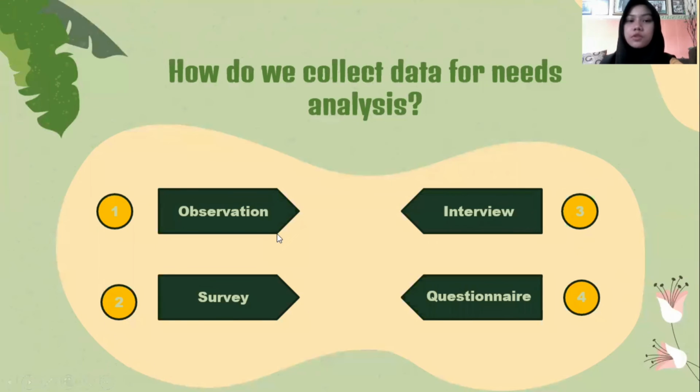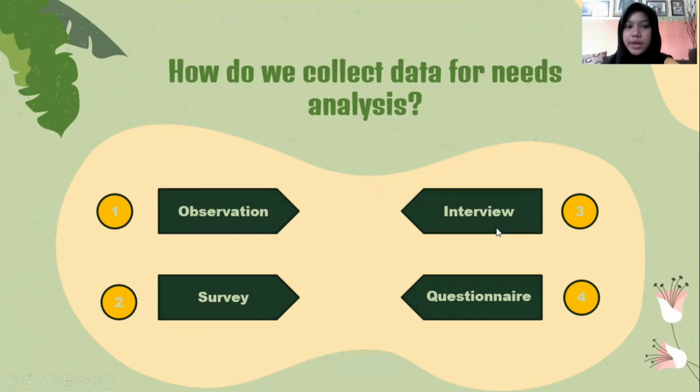Observation is a method to measure individual actions, behaviors, circumstances, and conditions of the object under study. The second is survey. Survey is used to elicit people's beliefs, opinions, characteristics, and behaviors. And then the third one is interview.